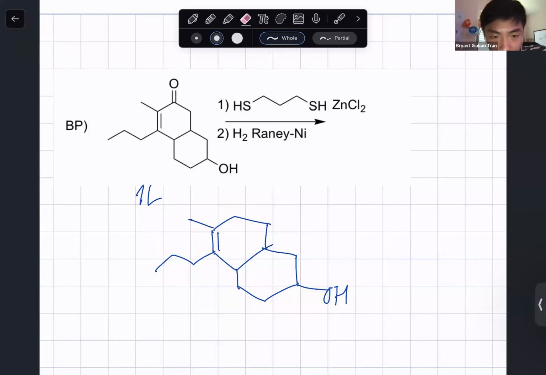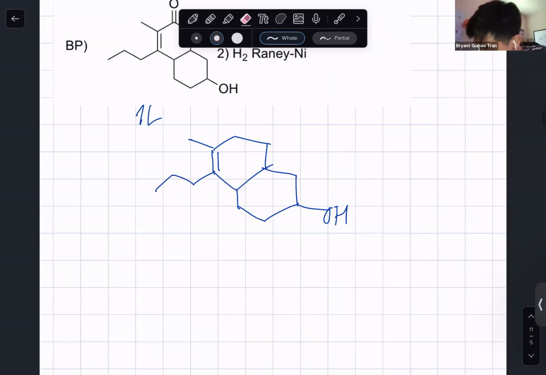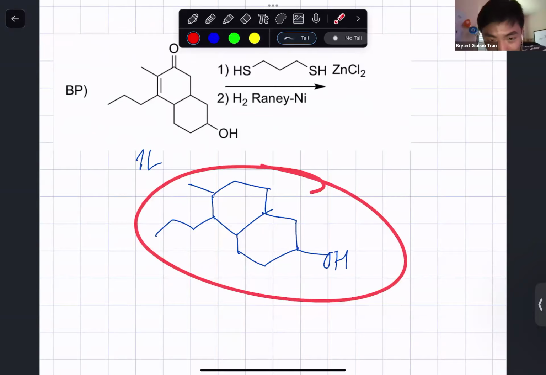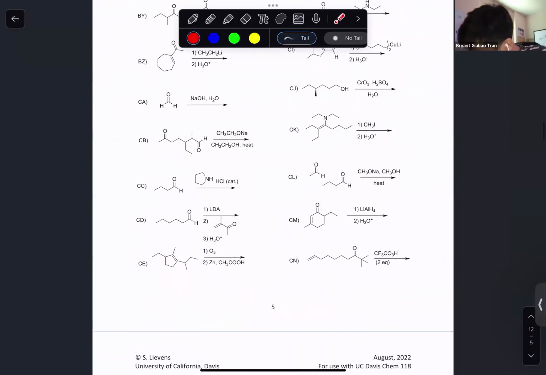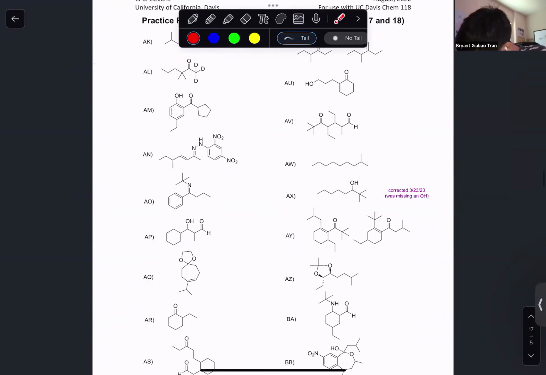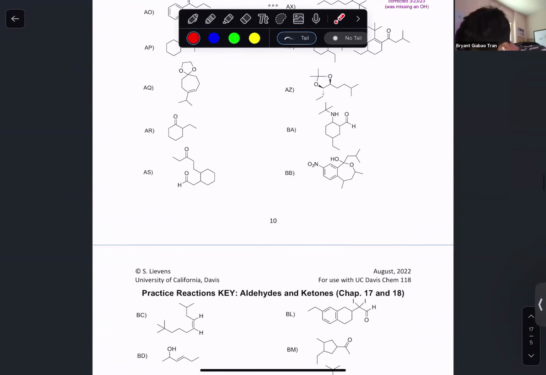Right. And H2 Raney nickel, I don't know if it would reduce the alkene as well to the alkane, but I'll just guess that it also does reduce the alkene down to alkane. And we'll check the key here. We'll check what the key is here. BP. Because it's H2, I think of H2 Pd/C, H2 Raney nickel.